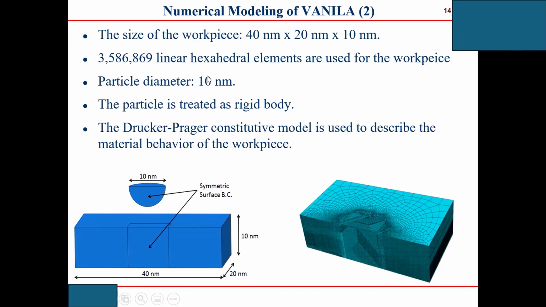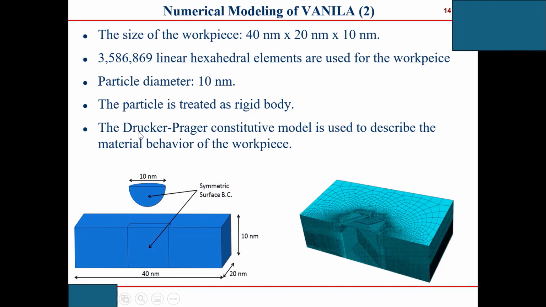And the particle diameter, we use 10 nanometer. The particle is treated as a rigid body, because when we compare the hardness of the diamond and the hardness of silicon, we can see this particle, or diamond, can be treated as a rigid body.